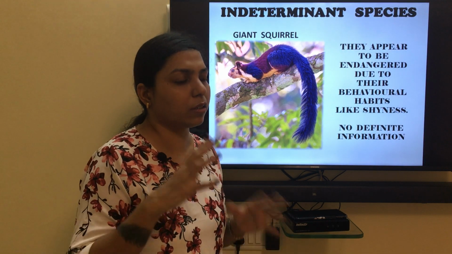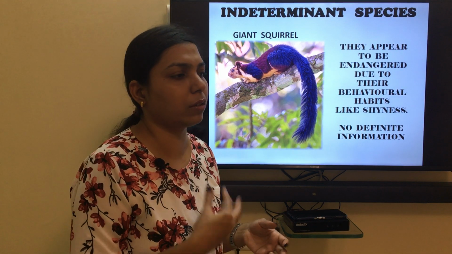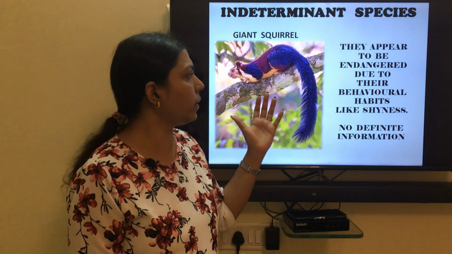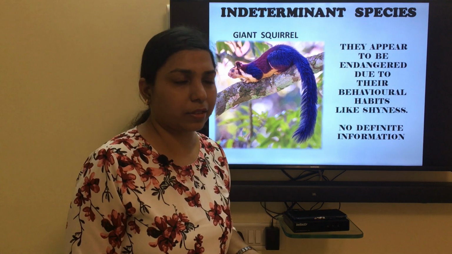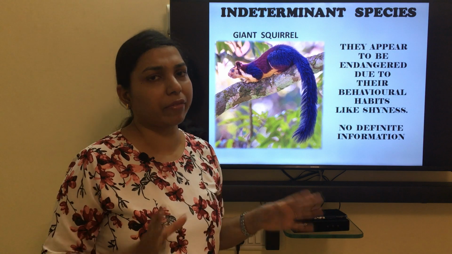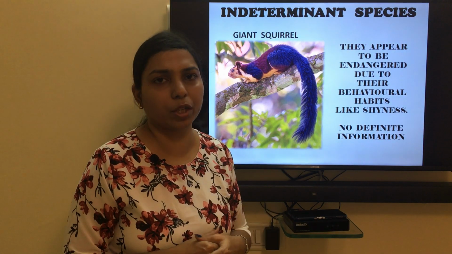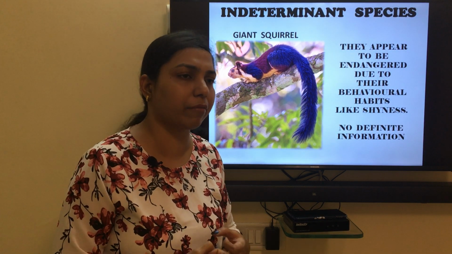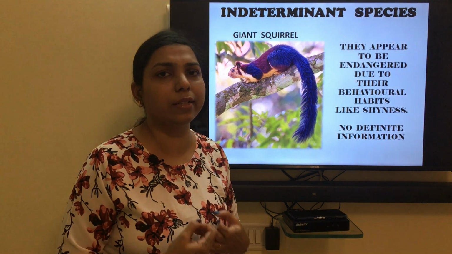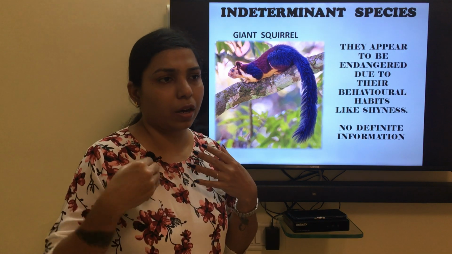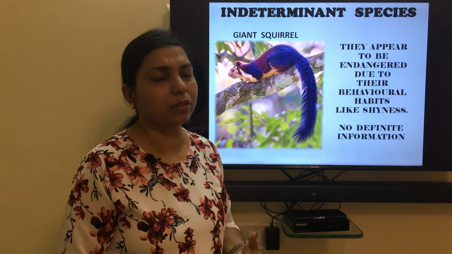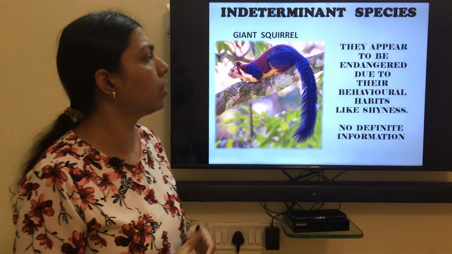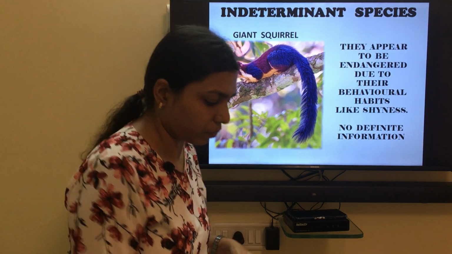So the people who take care of this environment information, they don't know whether or not these animals are still existing, what their numbers are. There is no definite information about it. So because there is no definite information available to the environmentalists, they do not know whether these animals are still alive, or are even extinct, or are on the verge of extinction. So this information is really not available because of their behavioral habits.